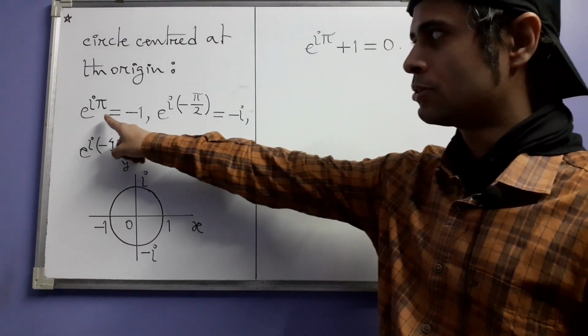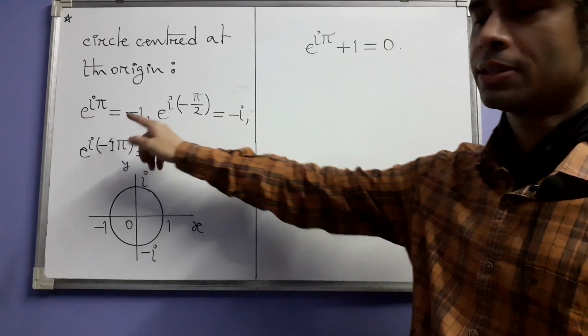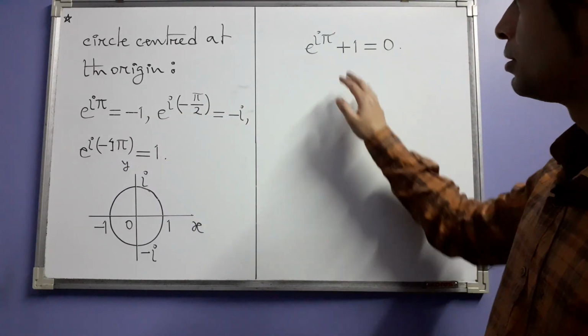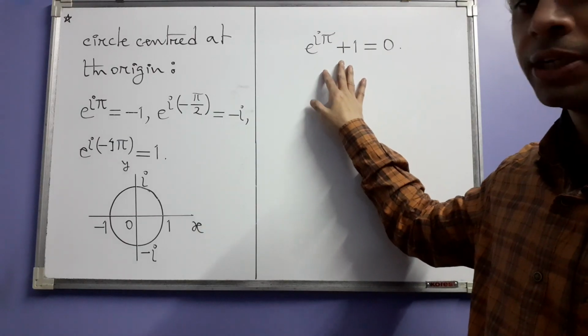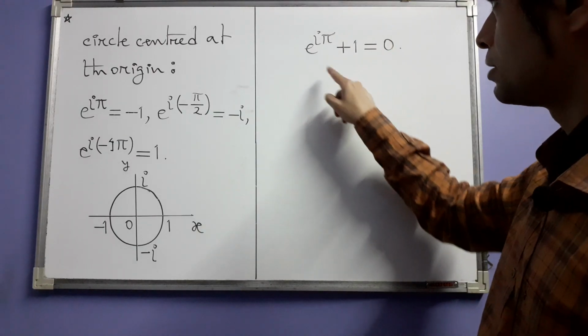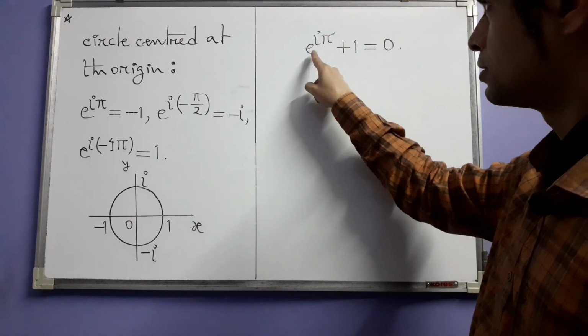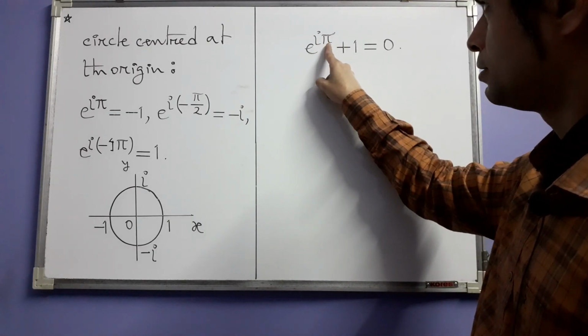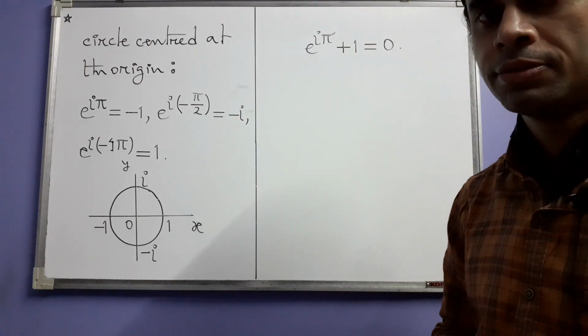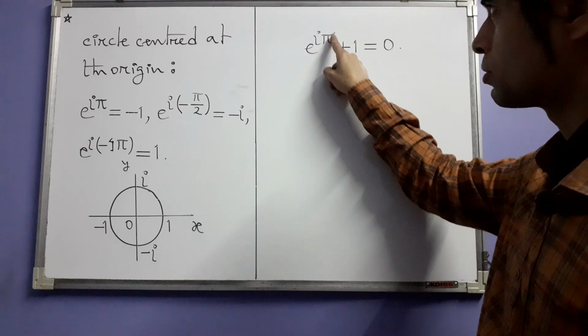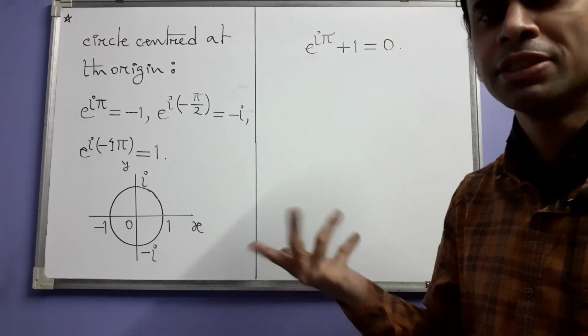If you add 1 to both sides of this first equation, you get Euler's equation, which sometimes is celebrated for how it involves 5 important numbers in mathematics: e, i, pi, 1 and 0. It looks mysterious, especially to those who don't know the meaning of this. What mystery?